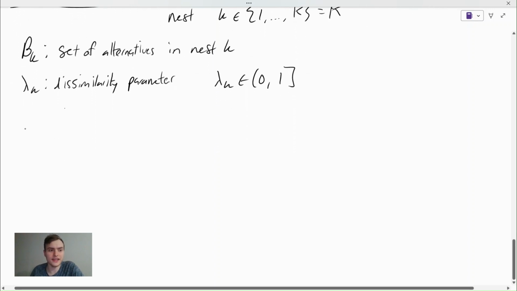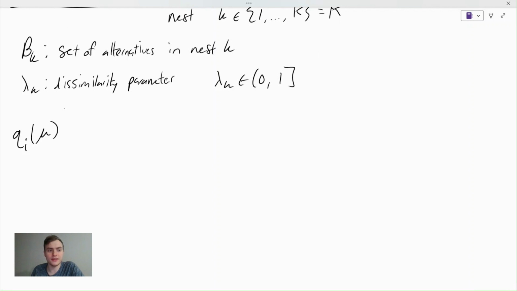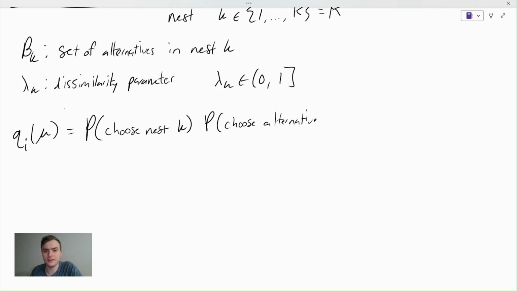And then again, we want our model to be defined by the choice probability of alternative I given the means, Qi of mu, right? And so that's going to be the probability of choosing nest K that alternative I belongs to, and then the probability of choosing alternative I given that nest K is chosen.